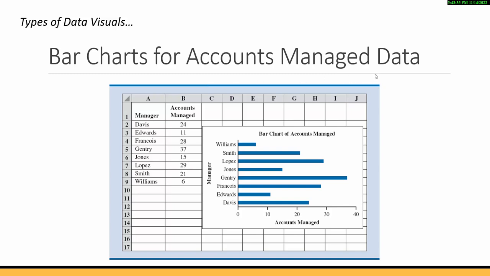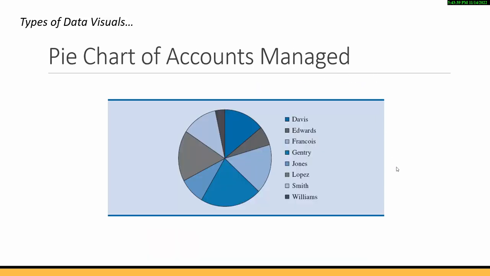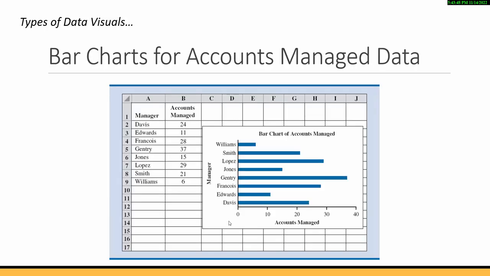Here's an example of a very simple bar chart for accounts managed. Here's the same information represented as a pie chart. You can see for yourself, if somebody asks the question, which of these has the highest number of accounts managed, you will see Gentry quickly.